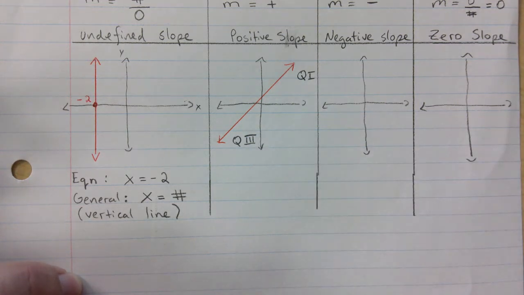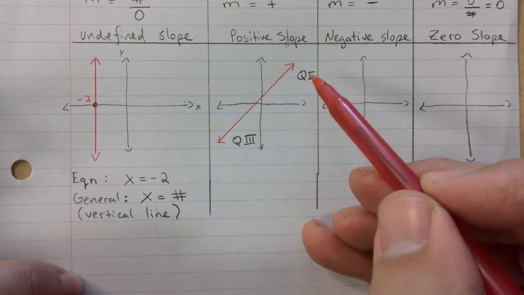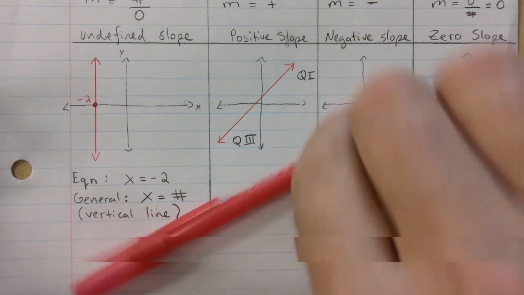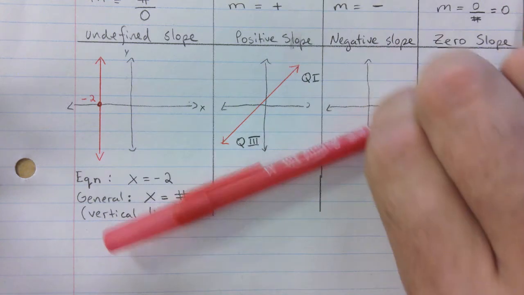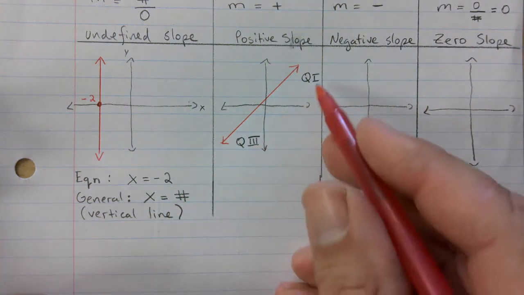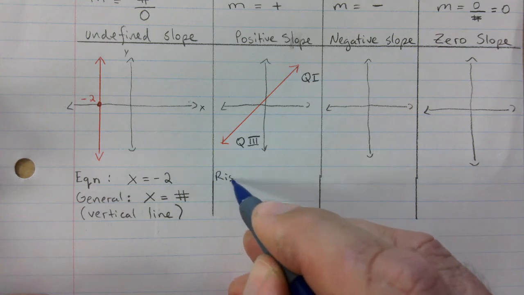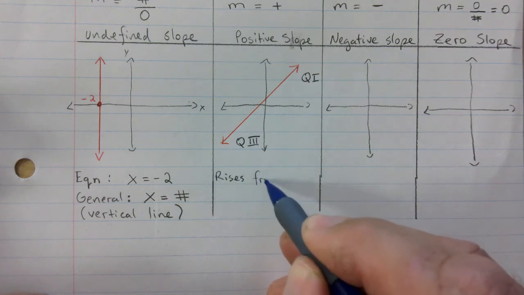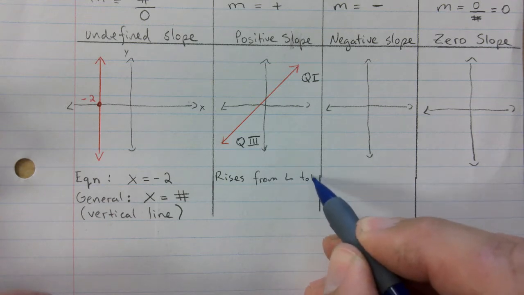So one thing that you know is that a positive slope always goes from quadrant 3 to quadrant 1. No matter where this line goes, it's always going to end up in these two quadrants. So we can say that it rises from left to right.